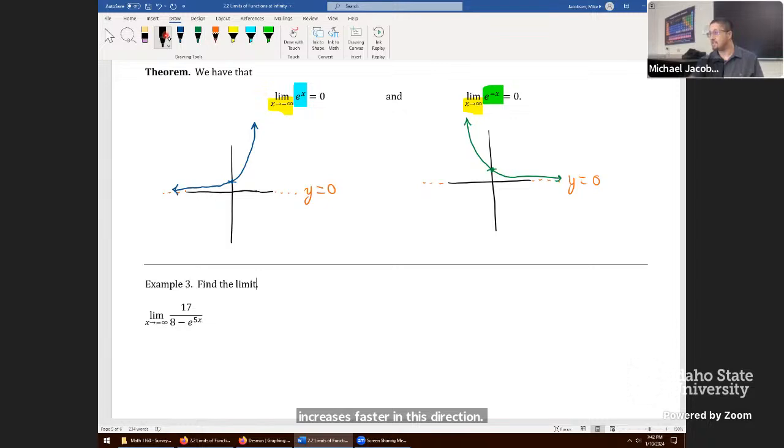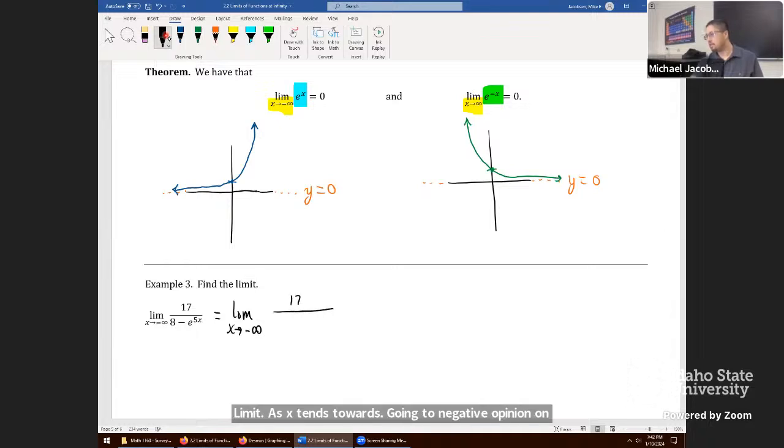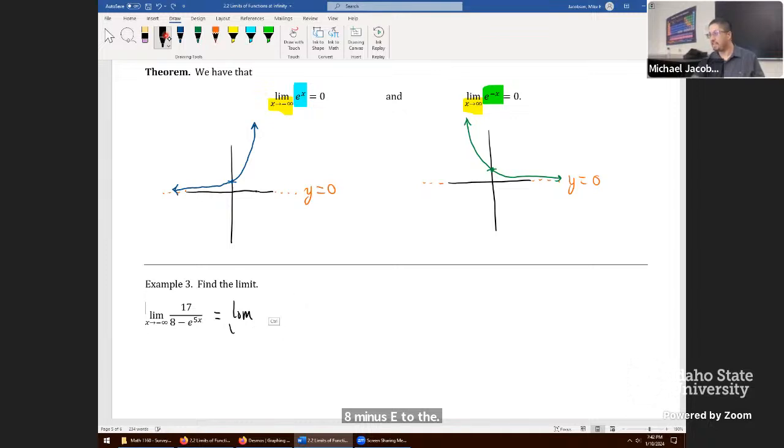So we can write out that this is the limit as x tends towards negative infinity of 17, 8 minus e to the, oh, I realize I'm just copying the problem. Sorry about that. I want to make one small change, and I forgot to do that.